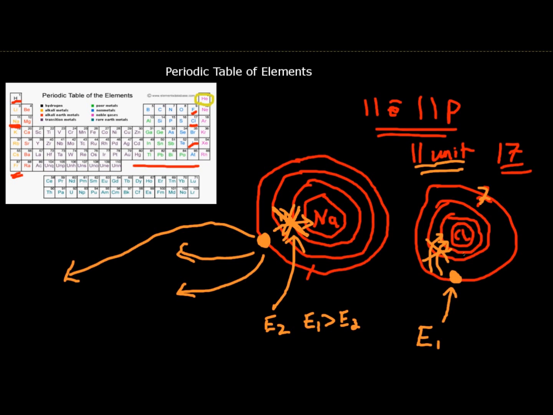Also, if we draw a couple more electrons in this chlorine atom, you can call this 1, this 2, this 3. Say you remove electron number 1 first. This energy you can call E1. Let's remove this. Once this is removed, you'll have just 6 electrons here. Now if you want to remove another electron, you could call the energy E2. If you want to remove one more, you could call it E3.